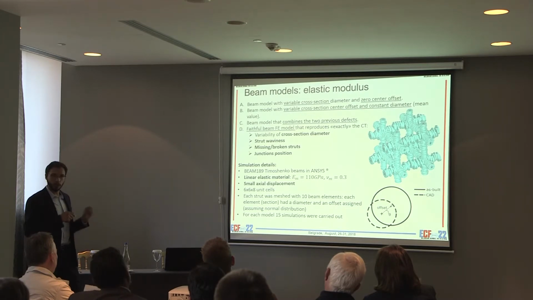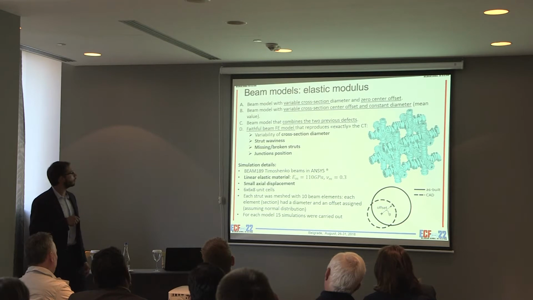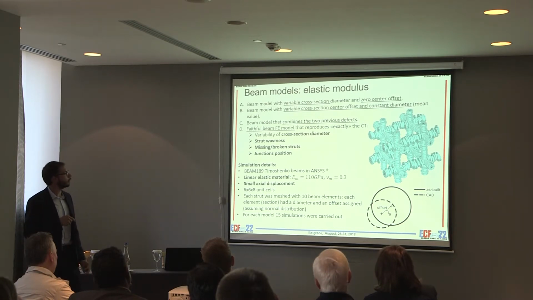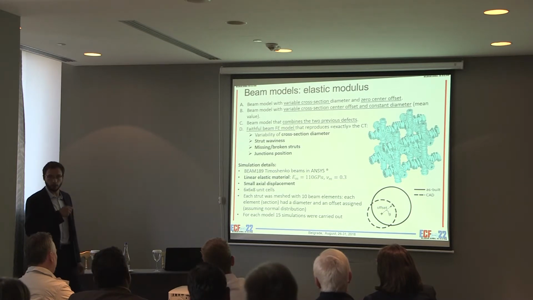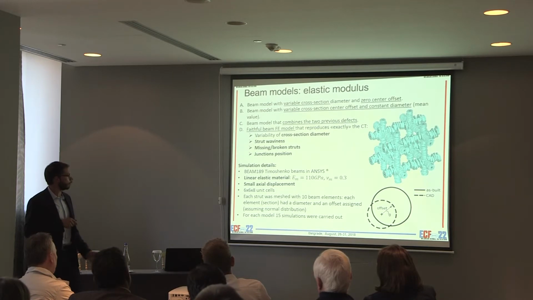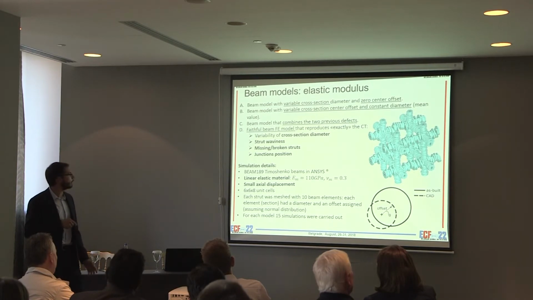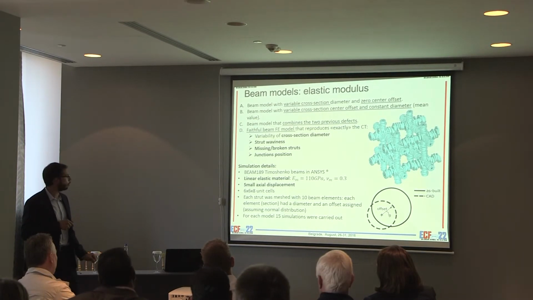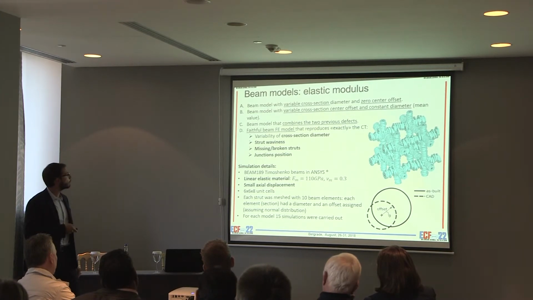Another beam model combined these two types of defects, and finally a more complex model also included broken struts, and the position of the junction was not the nominal one but was varied according to the measurement. It is important to say that the analyses were all in linear elastic and small displacement assumption.